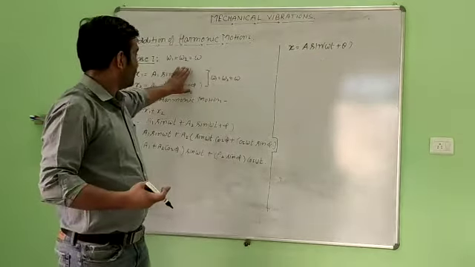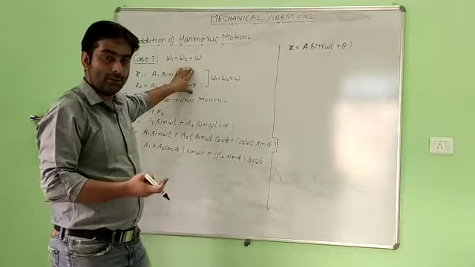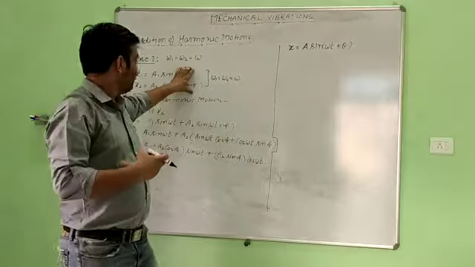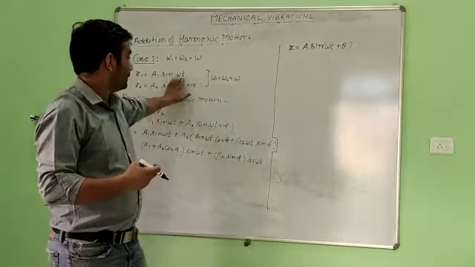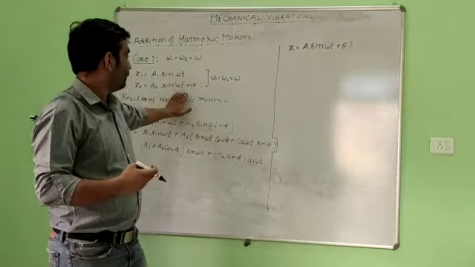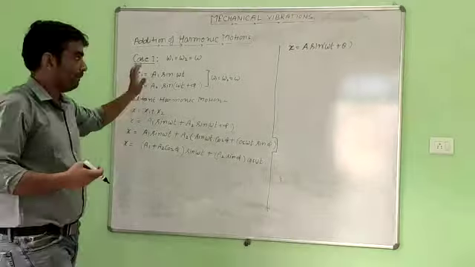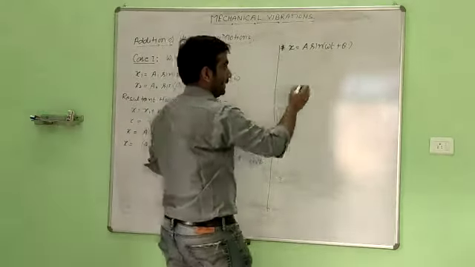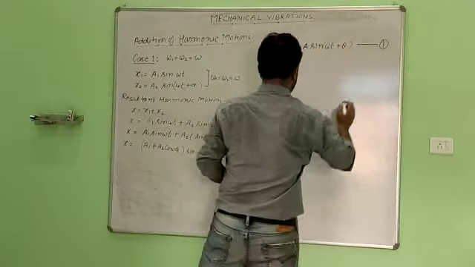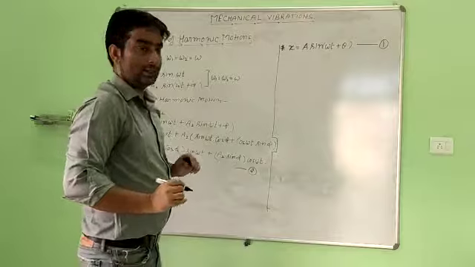So the frequency of the resultant harmonic motion will be the same as the frequency of the two components. So we have assumed this is the resultant, equation 1, and this is equation 2.